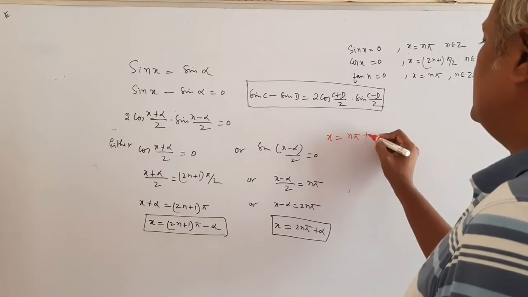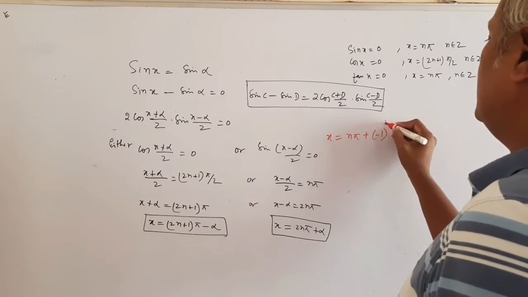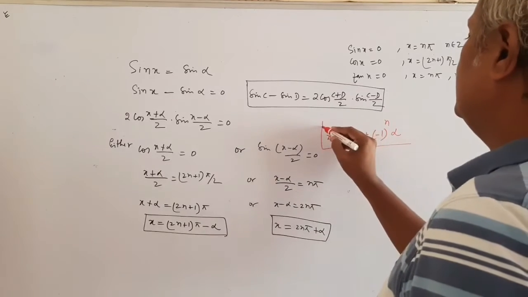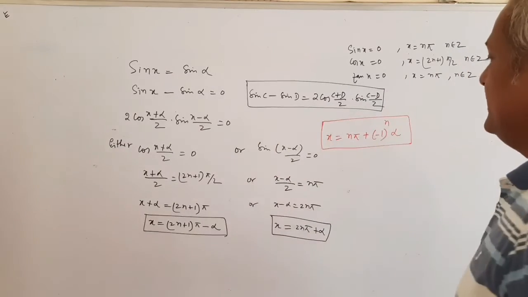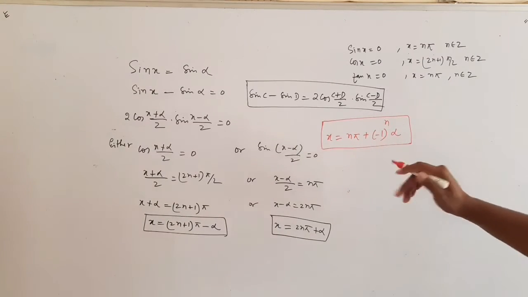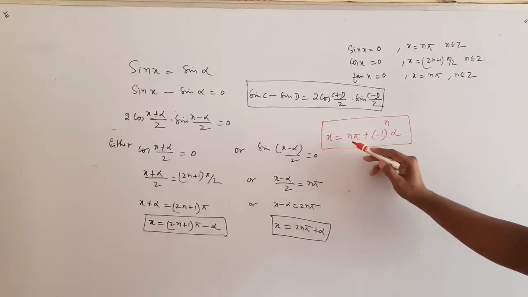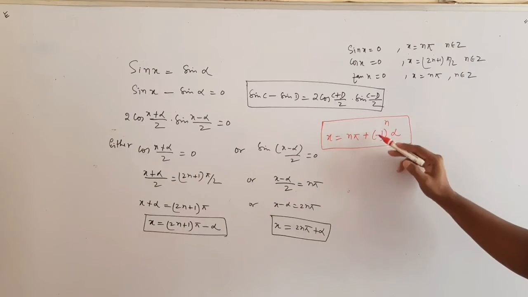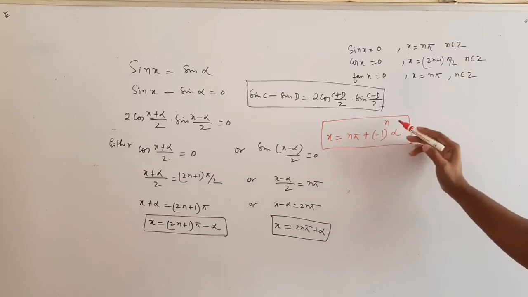So just combining these two, one relation was derived, and that is written as x is n pi plus minus 1 whole to the power n alpha. This is the relation. It means that x is n pi, so n is 0 pi, 1 pi. When it is 1 pi, this is minus alpha, 2 pi, this will become plus alpha, 3 pi minus alpha, 4 pi plus alpha.